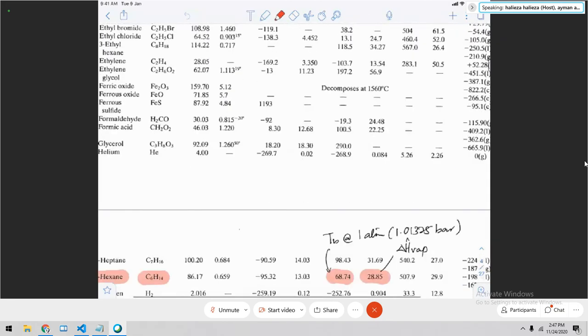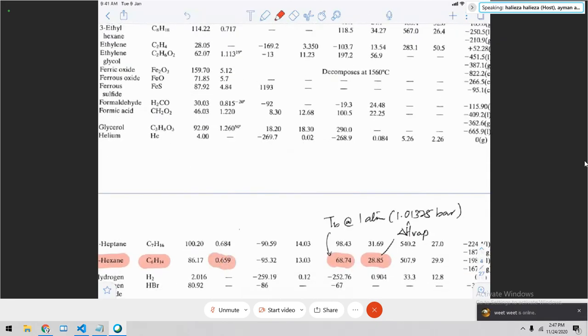What is that? What is SG? The mass over volume. Are you sure? Specific gravity is the density of a substance related to the water density. Yes, and water cancels because it's 1.